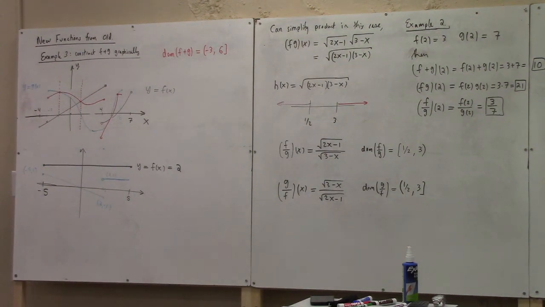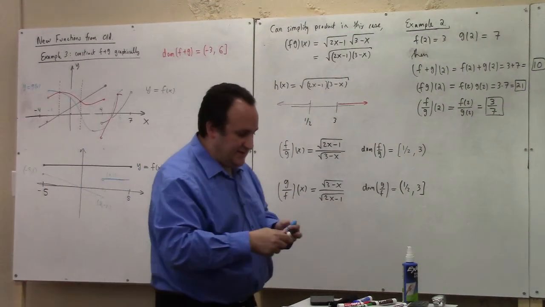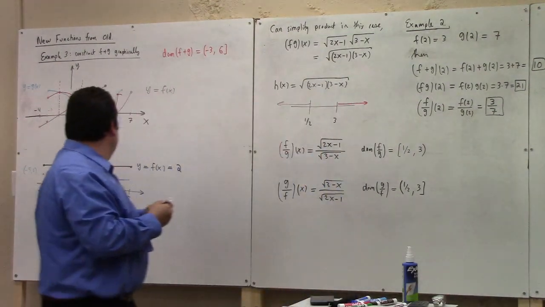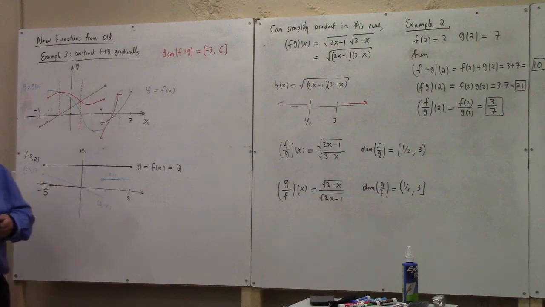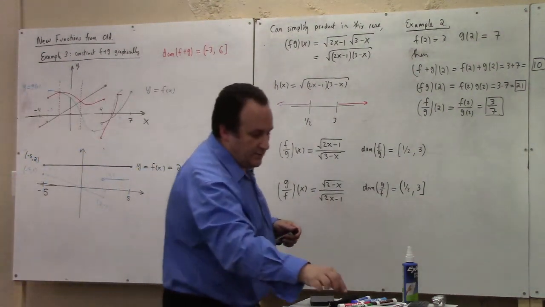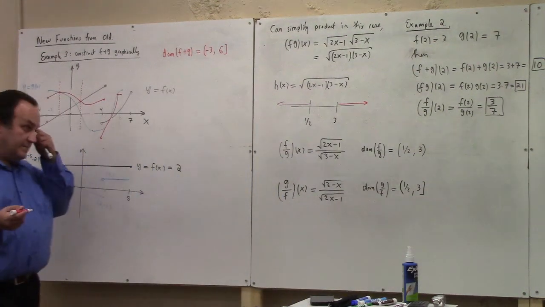All right, so to add the graphs, it's very simple. All you do is take the value for each one and add it, all right? So let me actually explicitly do that. What's the black point here? That one is what? That's -5, 2, right? So we add the y values and we get to what? 1 plus 2 is 3, right?